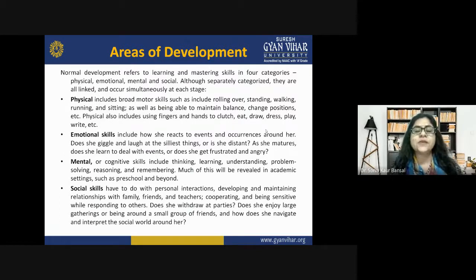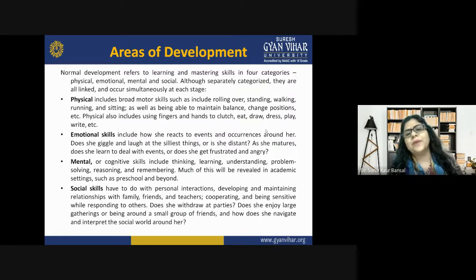All right, students. Normal development refers to learning and mastering skills in four categories. Majorly, when we are talking about development, it comes to our mind: physical, emotional, mental, and social.